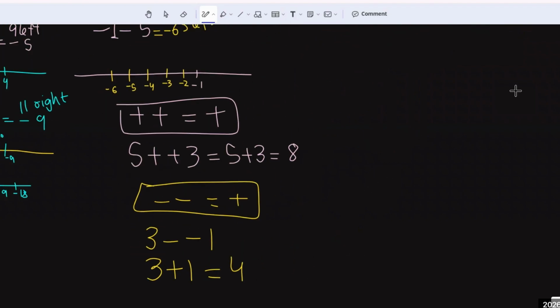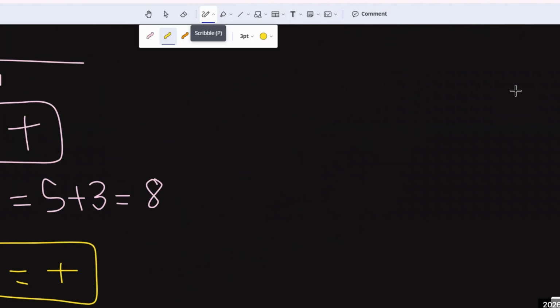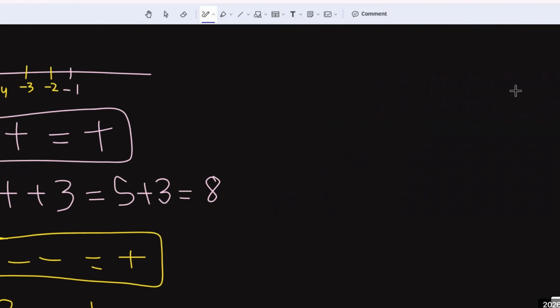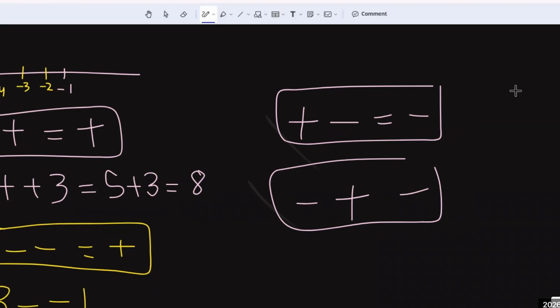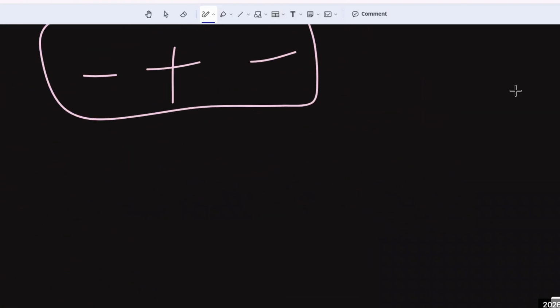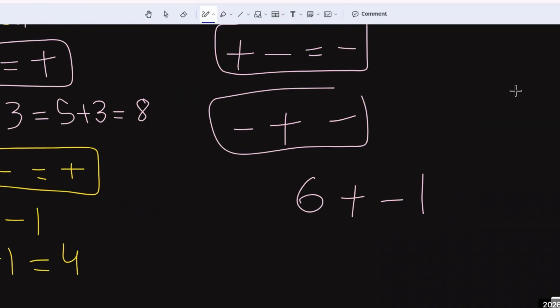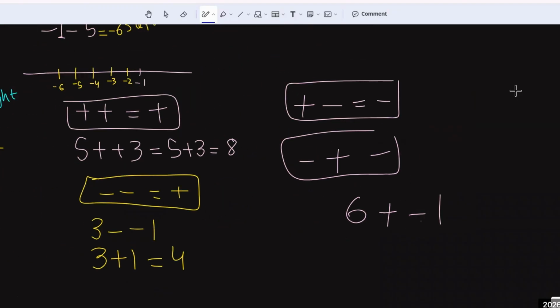But sometimes you have different signs. For example, one is plus and the other is minus, or one is minus and the second is plus. In that case, you need to put minus. Let's try this question: 6 plus minus 1. You know that plus minus makes minus.